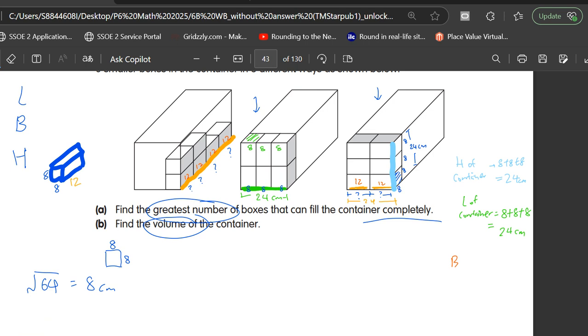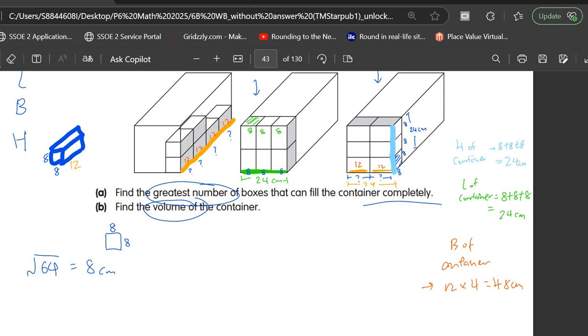So the breadth of the container is 12 times 4, 48 centimeter.